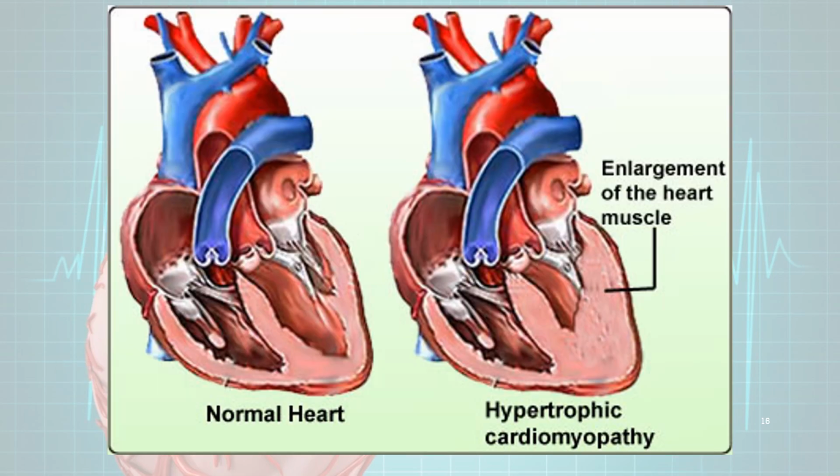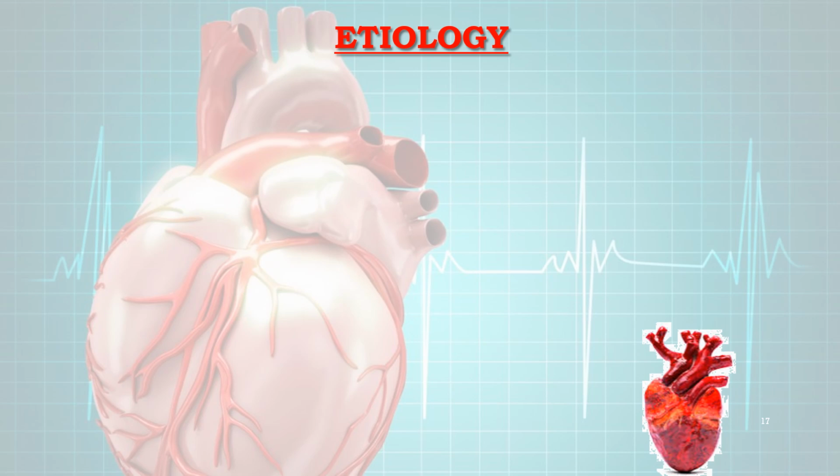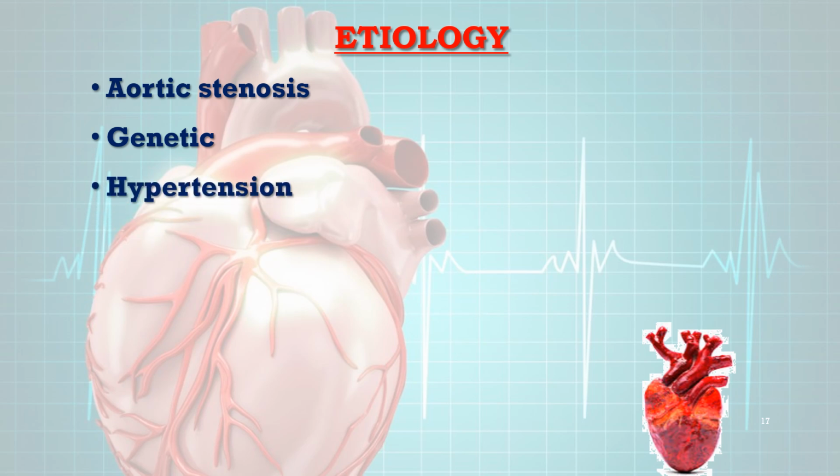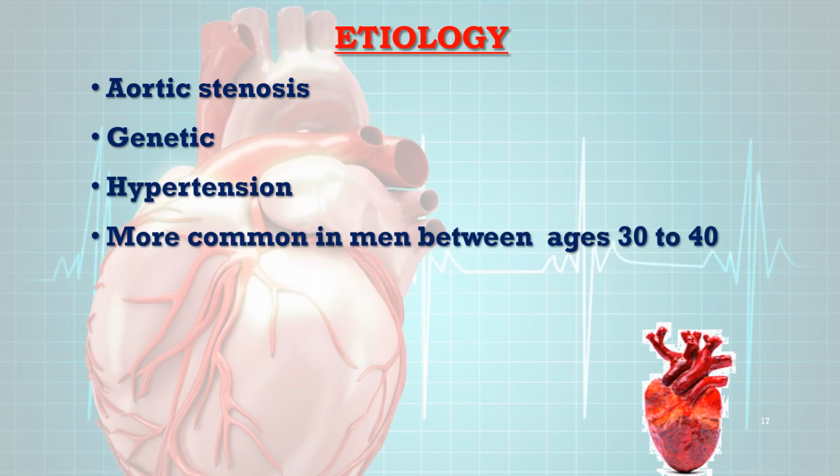This is a picture, a cross section of the heart, showing a normal heart as well as hypertrophic cardiomyopathy. Here it is easily visible, the enlargement of the heart muscle. So what happens is there is a decrease in the size of the left ventricle. The etiological factors are aortic stenosis, genetic predisposition, and hypertension, more common in men between the ages of 30 to 40 years.